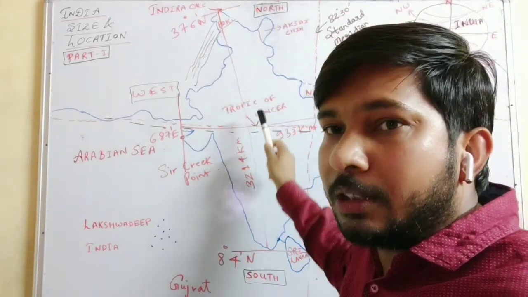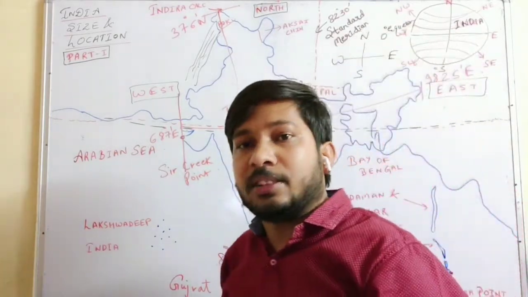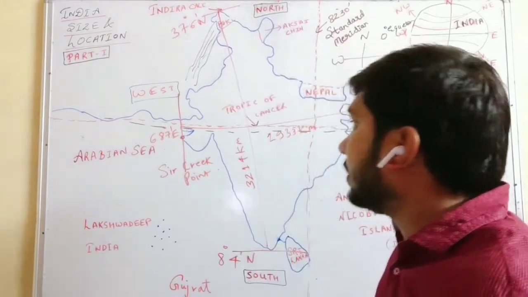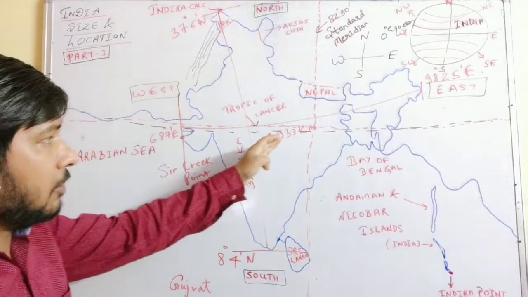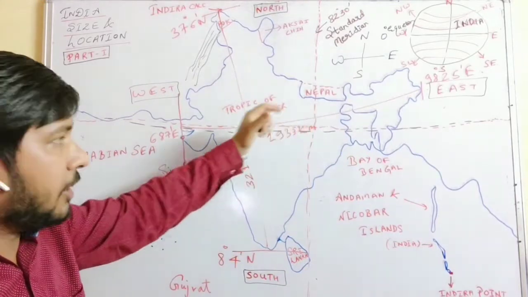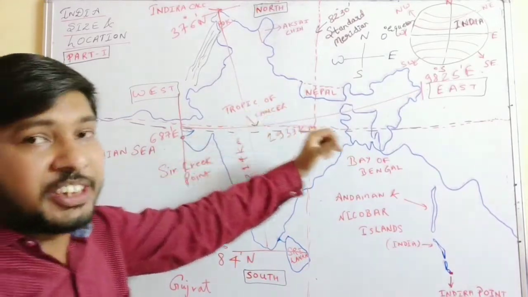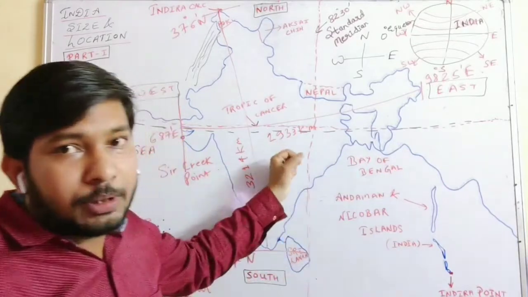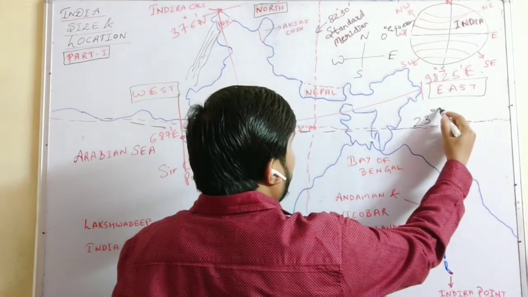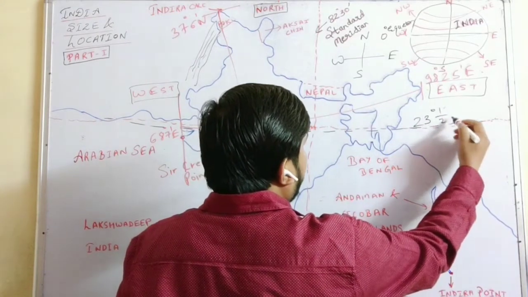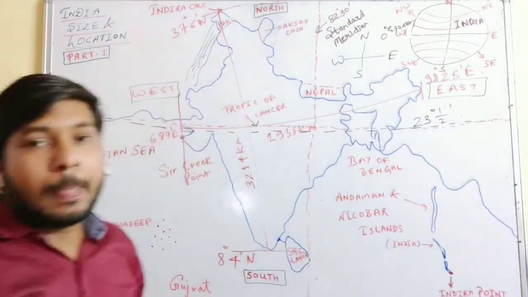Understood? The latitude of this line is 23 and a half degrees. Got it?